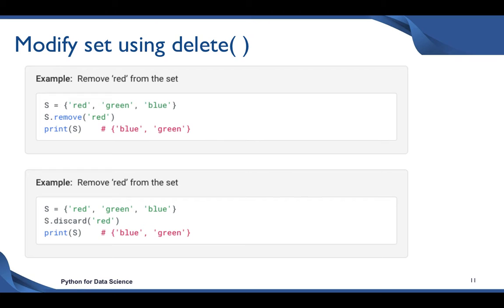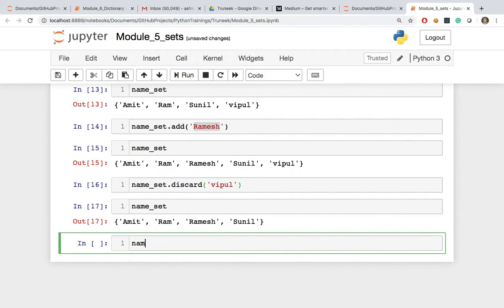So remove is another method which we can use, similar to discard, right? So name underscore set dot remove.